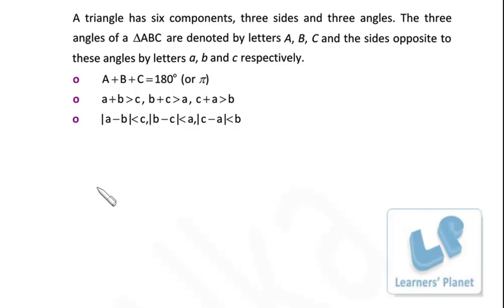We have already discussed the sine formula and cosine formula, right? The sum of the 3 angles must be 180 degrees, or we can say it's pi. Then the sum of any 2 sides will definitely be greater than the third side. So that's really very important. Sometimes you may be asked in your exam whether you will be able to draw a triangle of the given data or not.